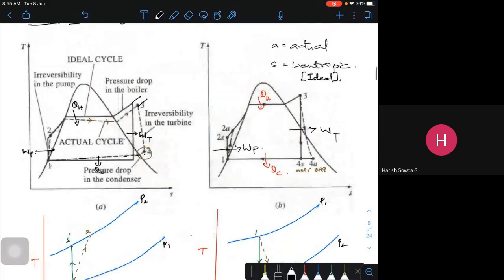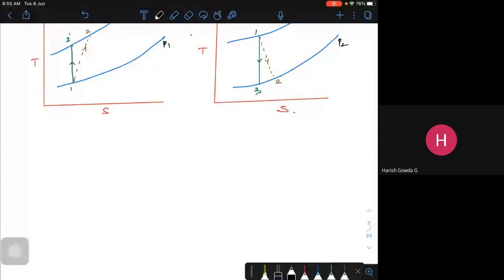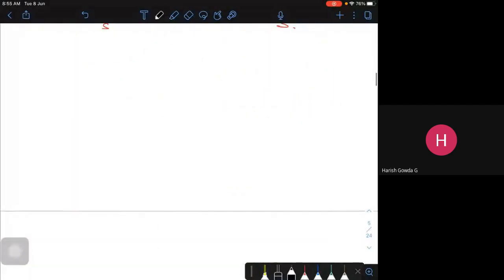So what will happen because of this? Let me consider the pump and try to find the efficiency of the pump. The efficiency is nothing but the actual work to the ideal work.